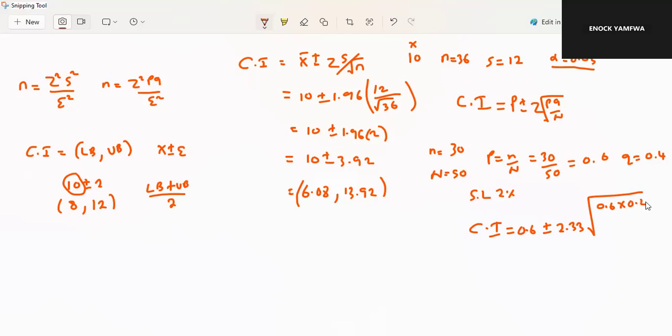And our capital N is 50. And you find your confidence interval in the appropriate manner. Here it's just an issue of calculating. What is 0.6 times 0.4 divided by 50, square root?